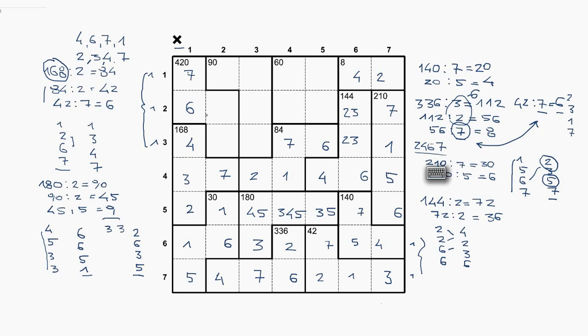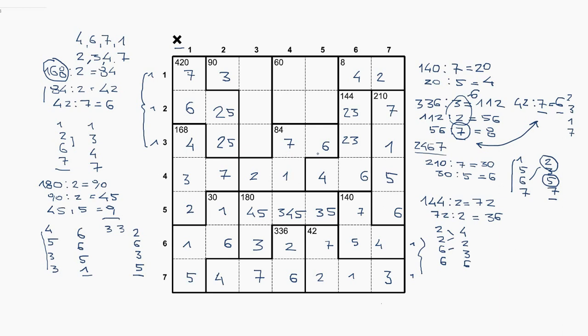Now, here has to be number 10 because 220 divided by 42 is a number 10 and the numbers are 2 and 5. And the remaining number here in the column number 2 is a number 3.